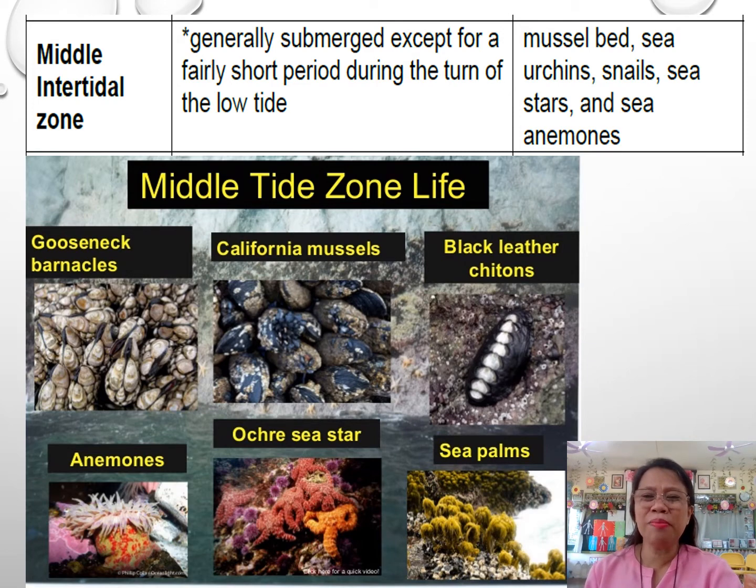So, we have mussel bed, sea urchins, snails, the sea stars, and the sea anemones. Try to look at some examples there. The gooseneck barnacles, California mussels, the black leather chitons, the anemones, the ochre sea star, and the sea palms.